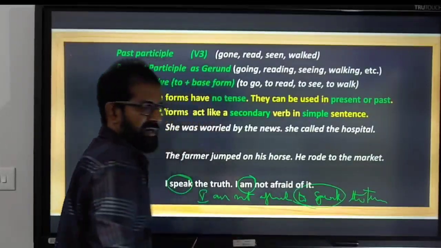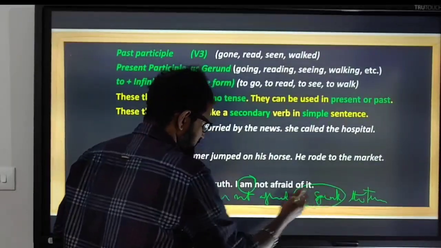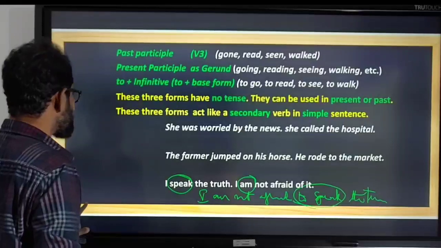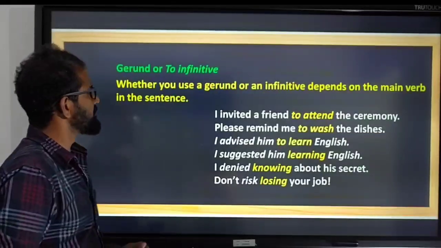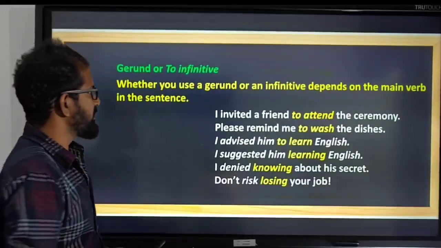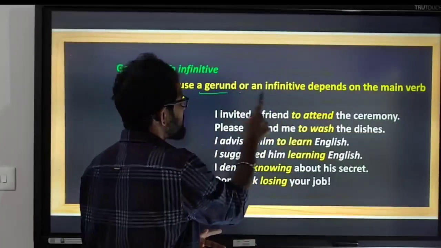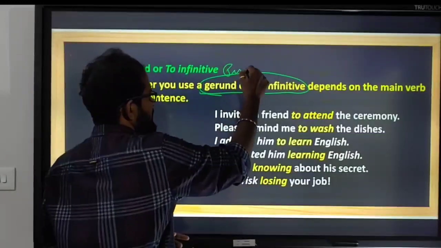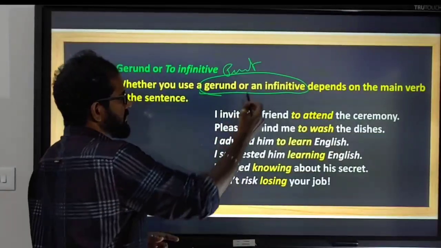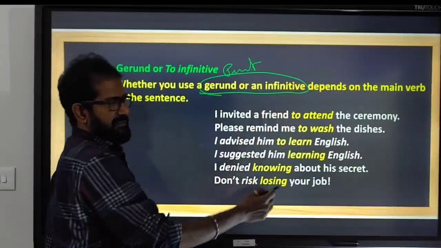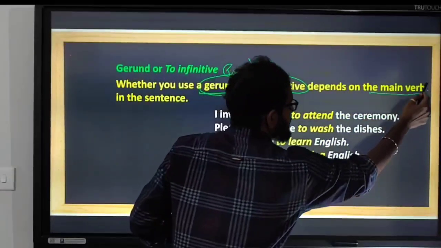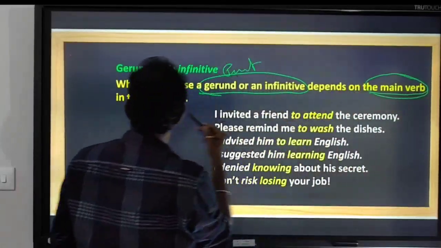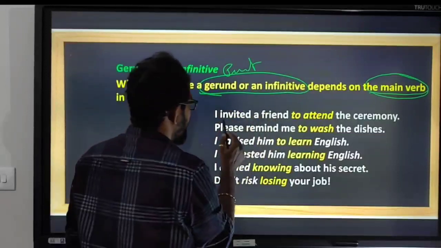When to use present participle, when to use past participle. Look here, whether you use a gerund or an infinitive. What is a gerund? Gerund is nothing but present participle. Gerund or infinitive depends on the main verb in the sentence.